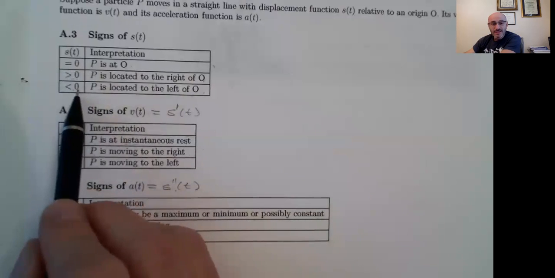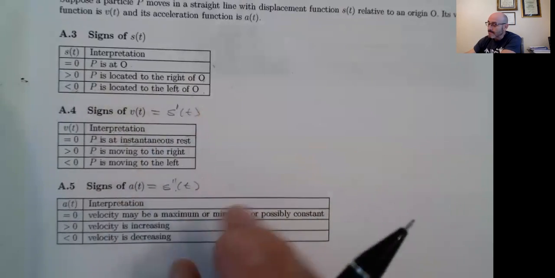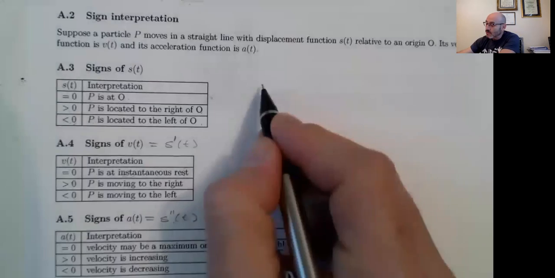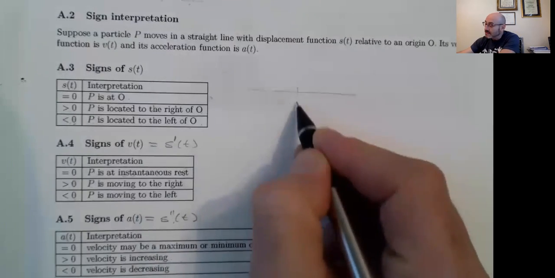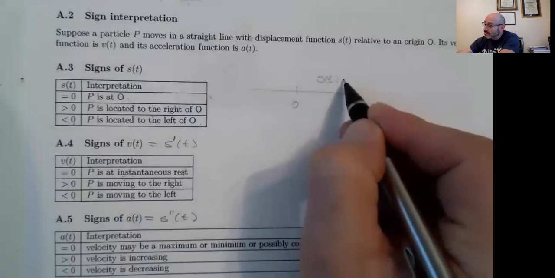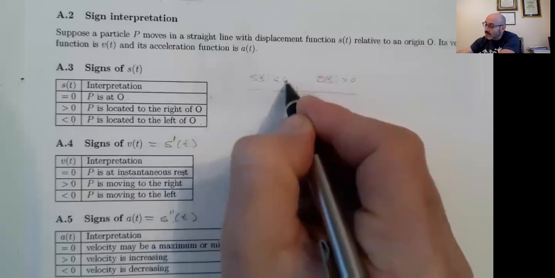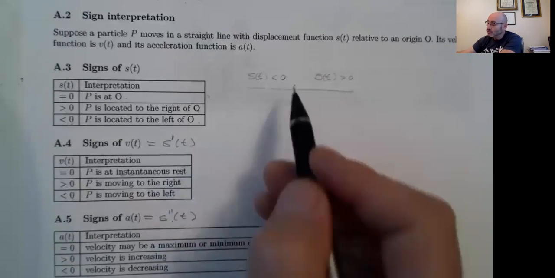If the position is negative, then it's because the particle is to the left of the origin, okay? So basically, we have a line. This is the origin. Here, S of t will be positive. Here, S of t, the function, will be negative, right? So you're to the left, to the right.